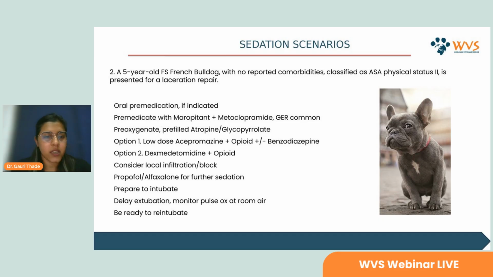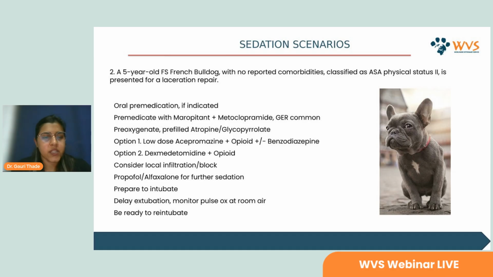Pre-oxygenation will give us about 5 times the amount of time that would be needed to desaturate this dog of oxygen. So we will get more time to intubate the dog basically. Because these dogs have a high vagal tone, always keep your anticholinergic pre-filled and ready. That is either atropine or glycopyrrolate.